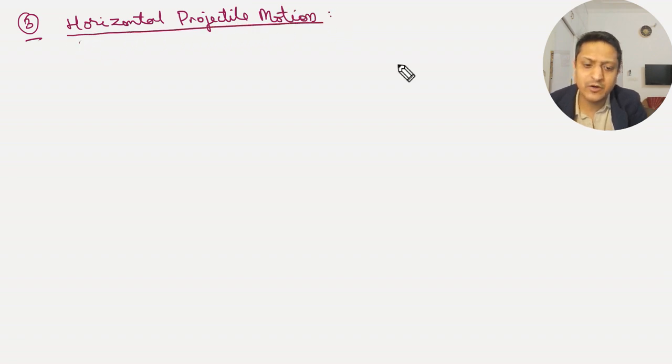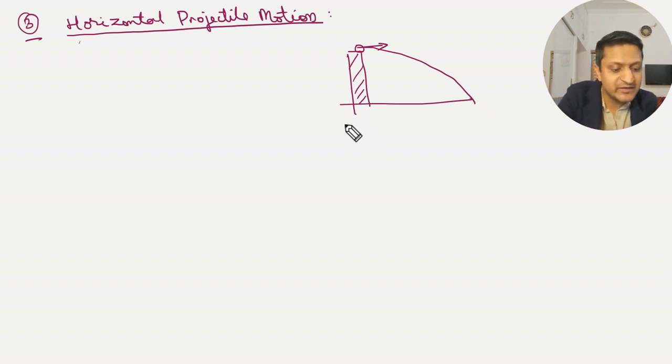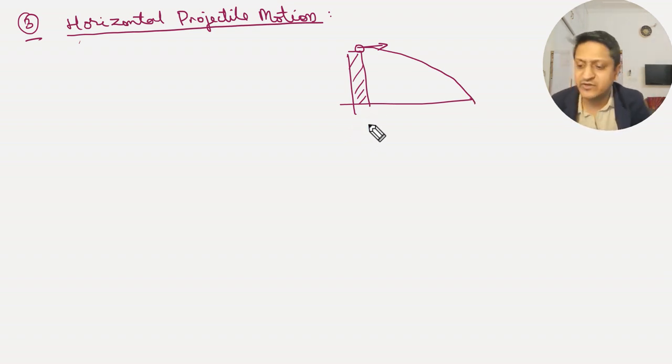Horizontal projectile motion means that we are on a cliff and someone has applied some effort in the horizontal direction and this body is moving like this. In this case, there will be some formulas that would be used. You can use the SUVAT equations for them.